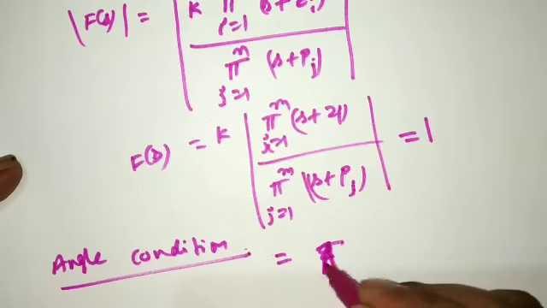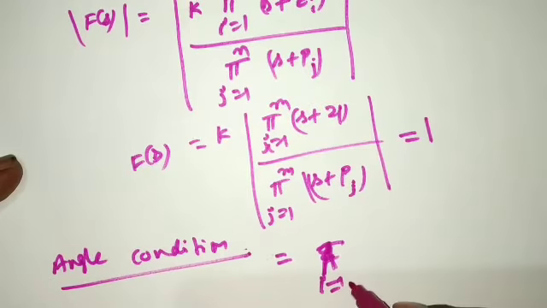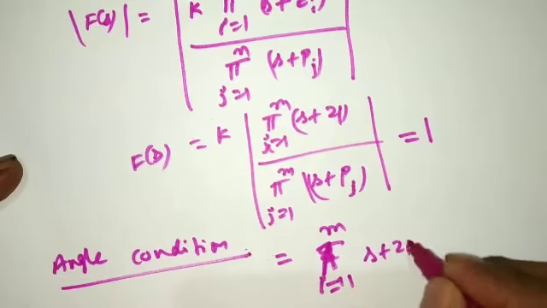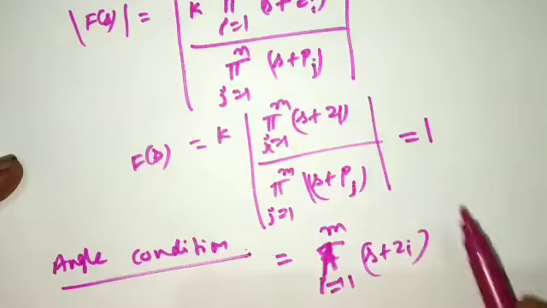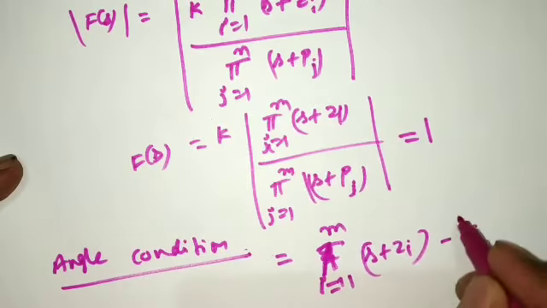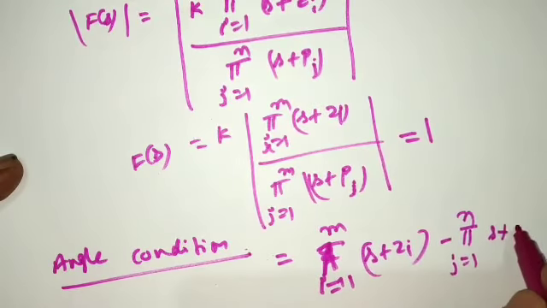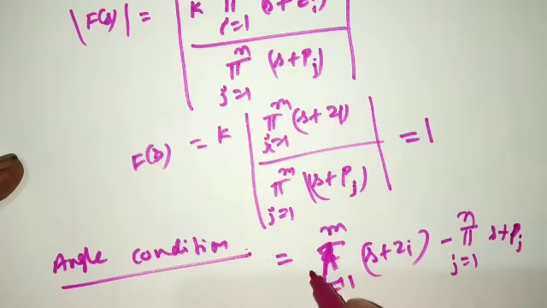The angle condition is: the sum of the angles of s plus zi, for i equal to 1 to m, minus the sum of the angles of s plus pj, for j equal to 1 to n.